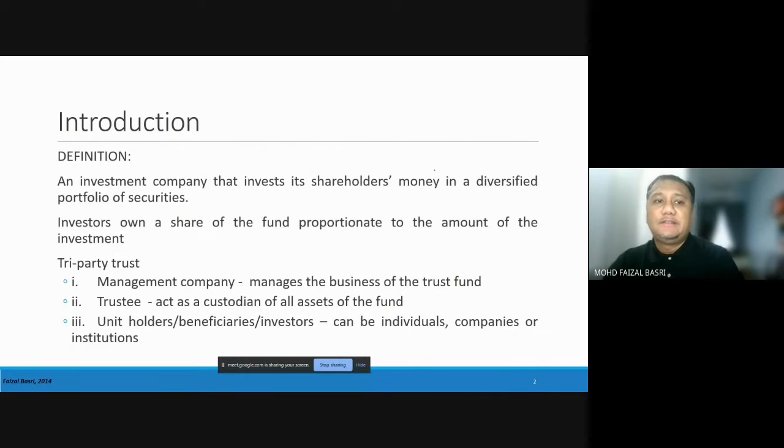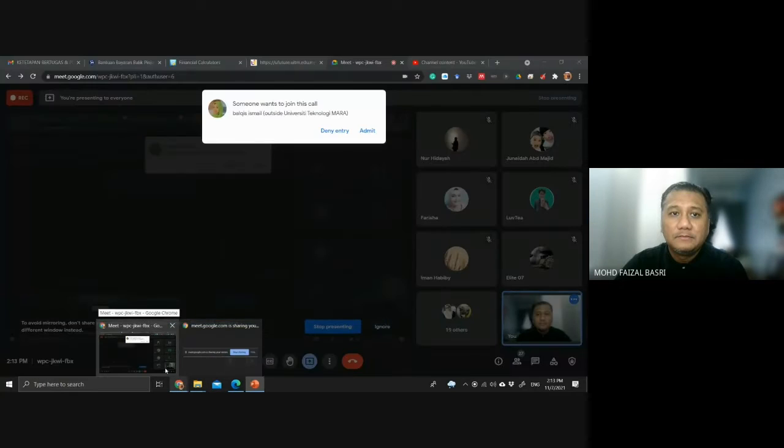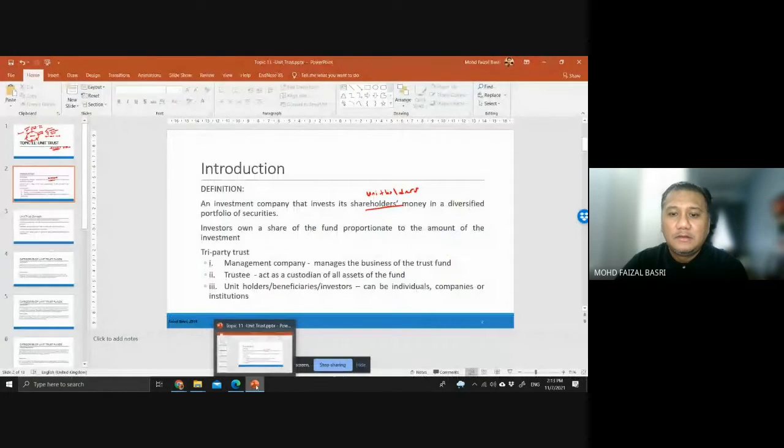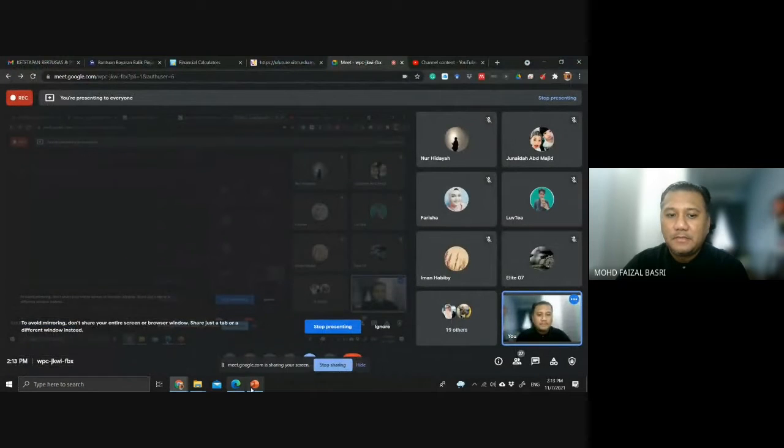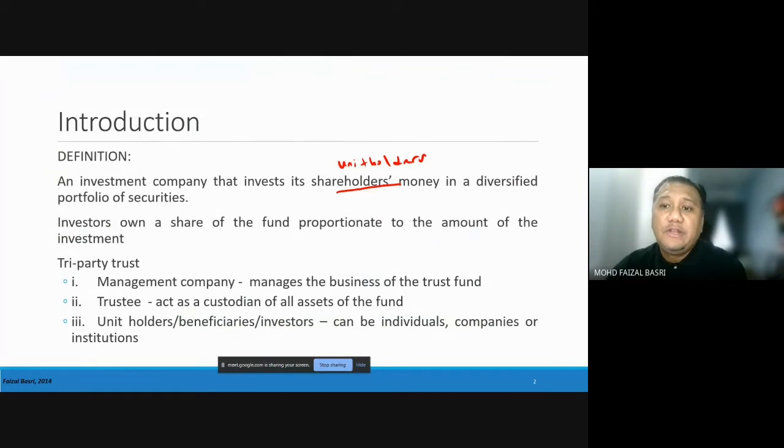So by definition, one investment company akan create a pool of fund as I said tadi, and dia akan terima funding from the investors. Selalunya kita tak panggil shareholders lah, selalunya kita panggil unit holders. Pemegang unit, pemegang amanah tu selalunya pemegang unit, whereby dia akan invest, like I said, in a diversified portfolio of securities.